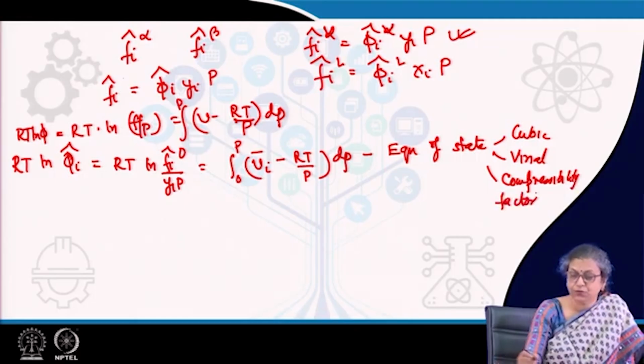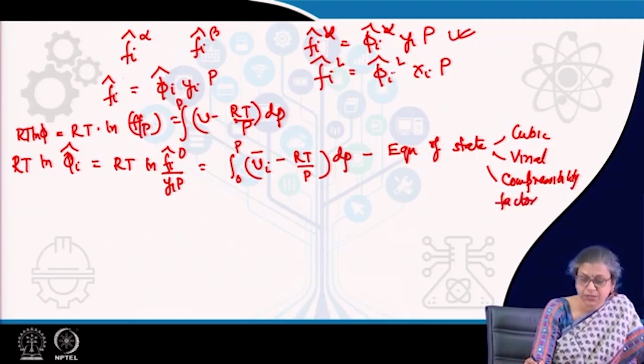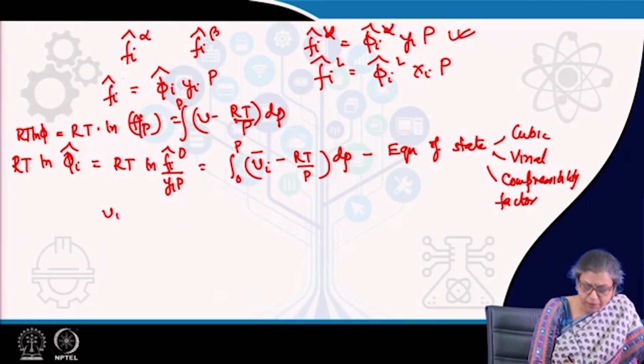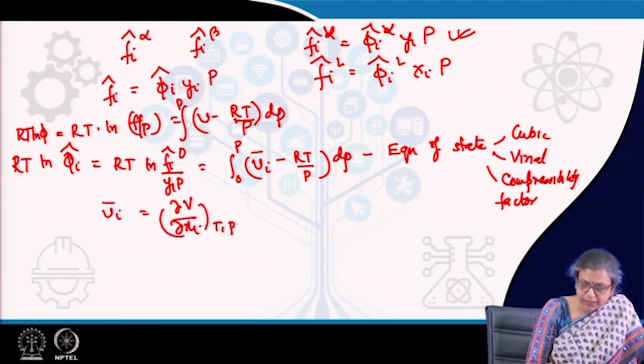But when we try to find it out for the liquid phase, we find that evaluating this integral is slightly difficult, because the partial molar volume, which is nothing but del V del N_i at constant T, P and all the other components constant, varies with composition.